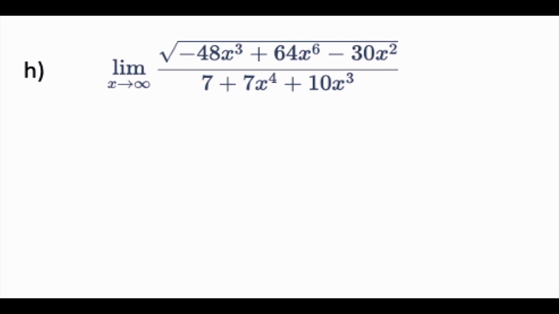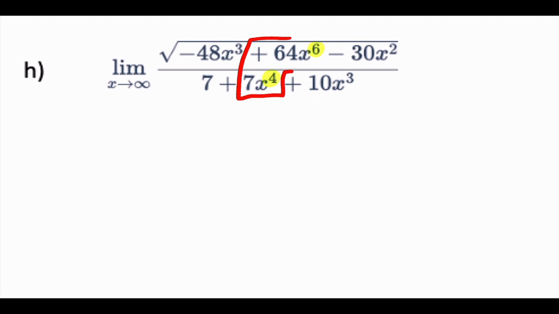So factoring's out the window. But let's look at degrees. What is the degree going to be on top right now? So right now, don't worry about the root. What is the degree on top? 6, right? 6. What is the degree on bottom? 4. Good.